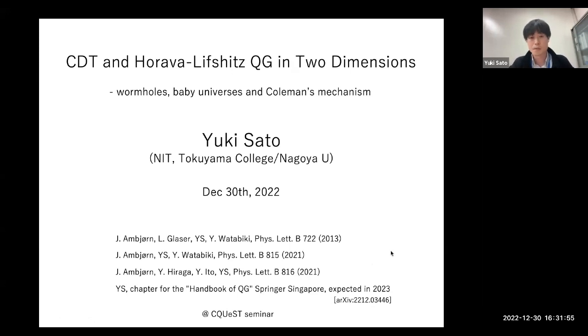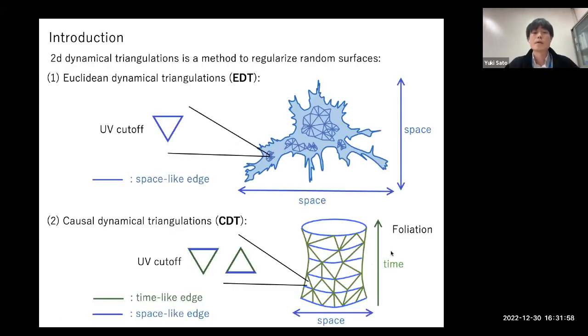Okay, here we go. So this talk is about a lattice model of quantum gravity in 2 dimensions based on dynamical triangulations. Broadly speaking, there are 2 kinds of them.